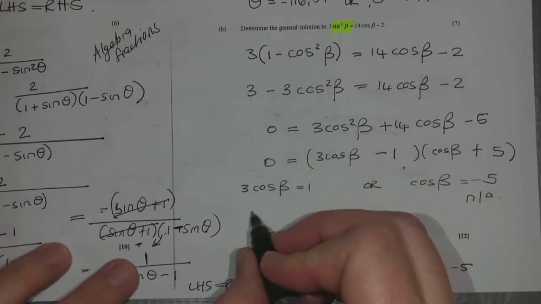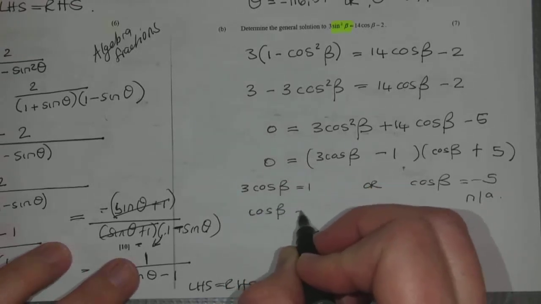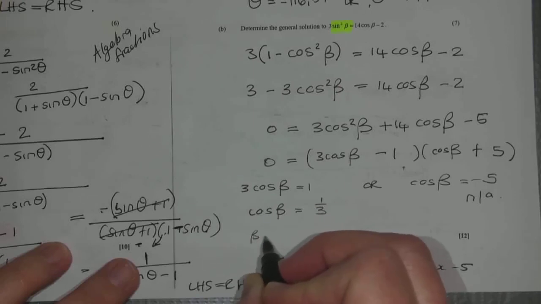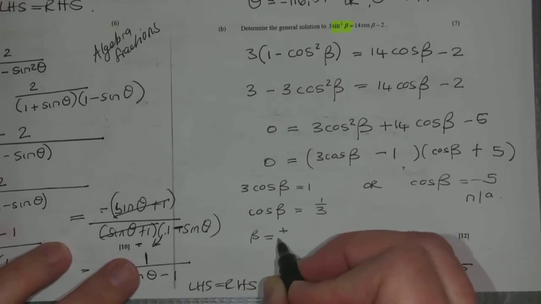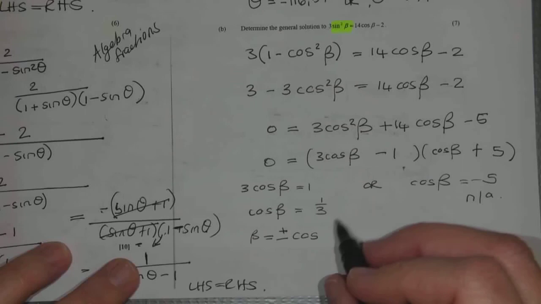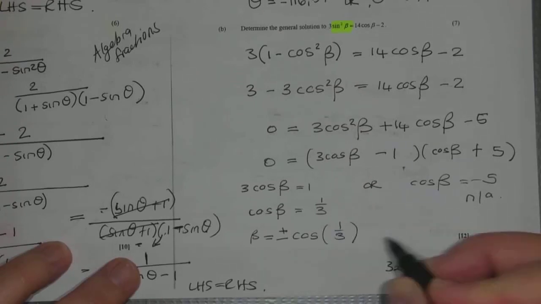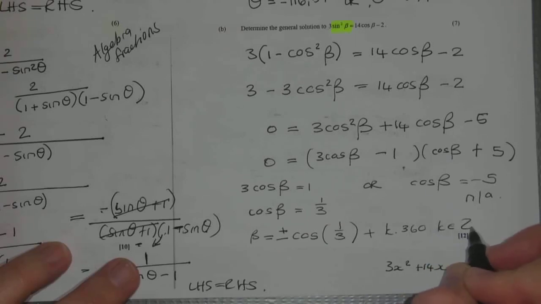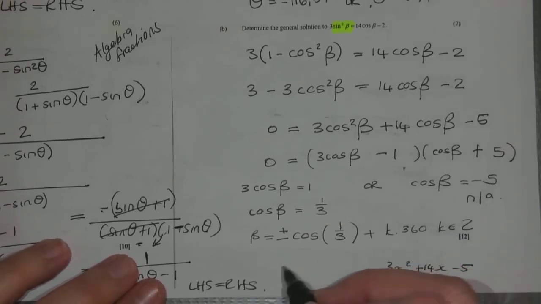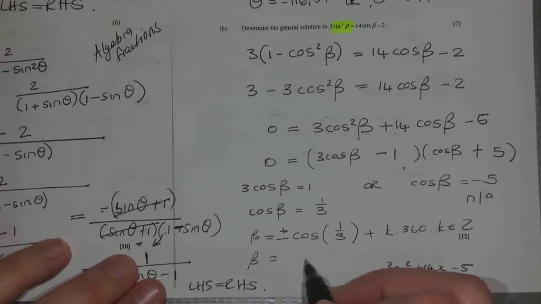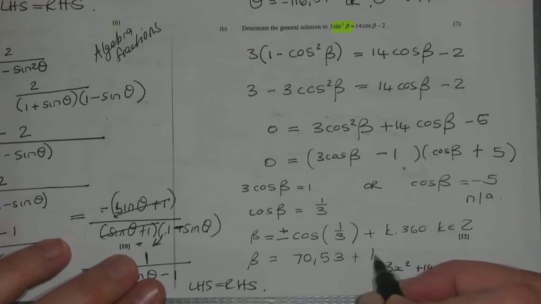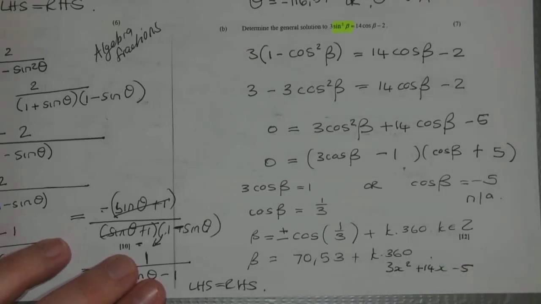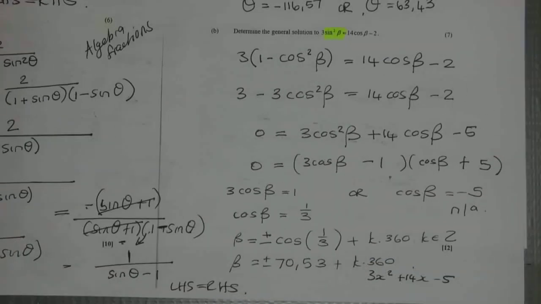Okay, so I can say cos beta is equal to 1/3, which means beta, because it's general solutions, is plus or minus cos inverse of a third plus k times 360, and k is part of integers. And using my calculator, I am going to get 70,53 plus k times 360 as my answer. Okay, plus or minus. That's it.